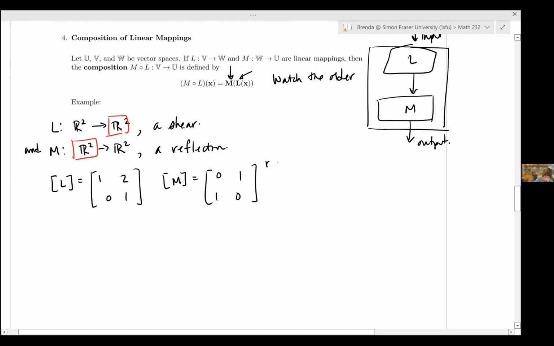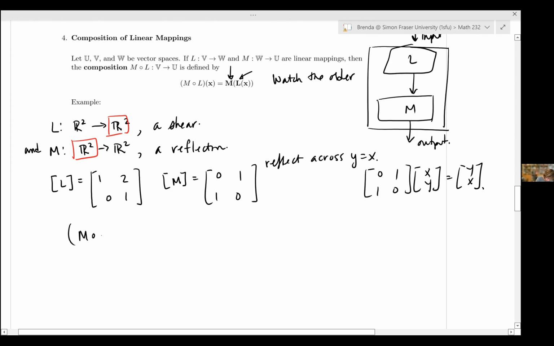So this is reflect across y equals x. You can possibly see that. Let's just take this matrix like this, 0, 1, 1, 0, multiply by x y, and I get y x. Okay, there it is.